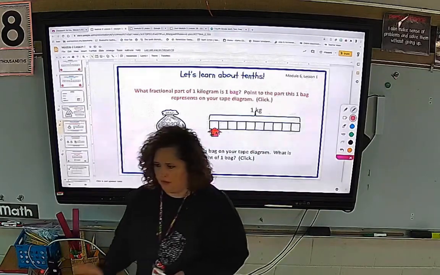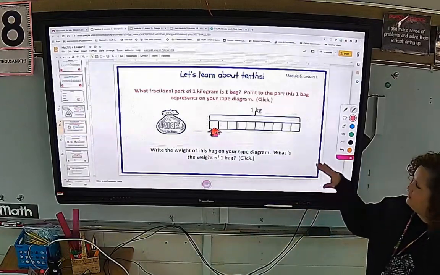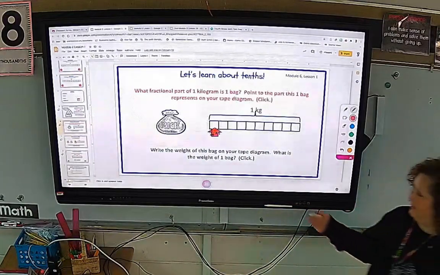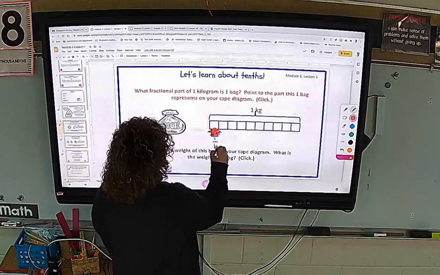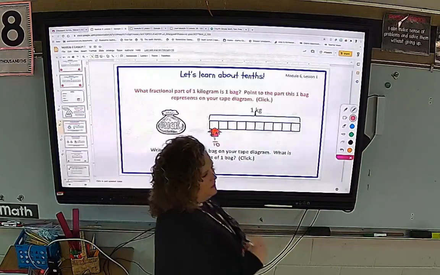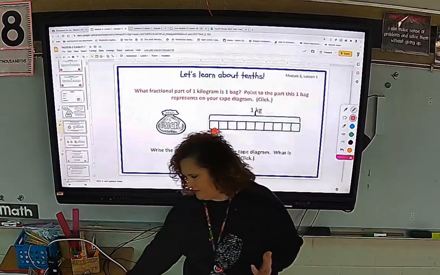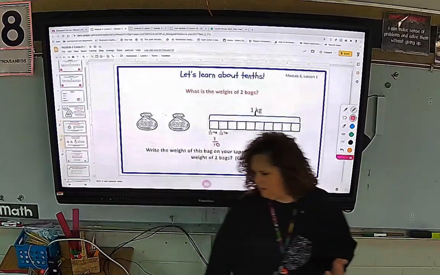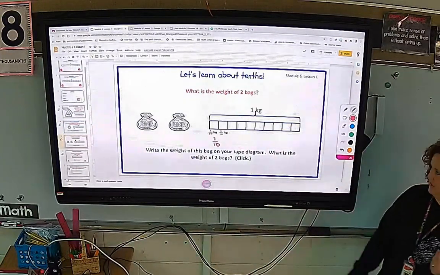So, here we go. Here's my question for you. If one bag of rice is the same as 1/10, okay, then what would the fraction be if I had 2 bags of rice? Okay, yeah, 2/10.